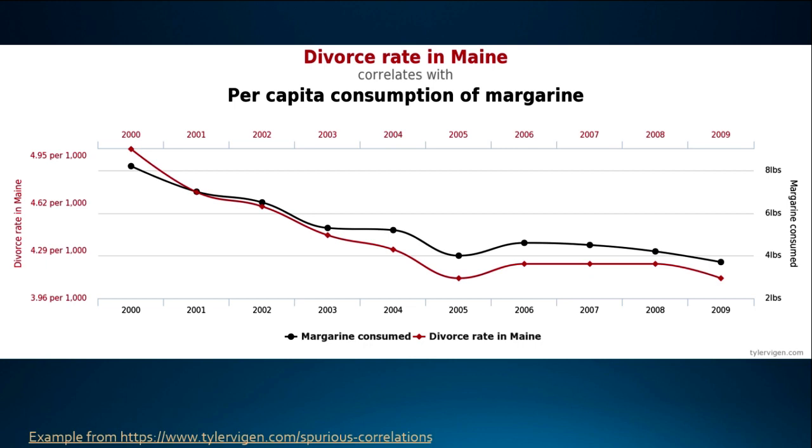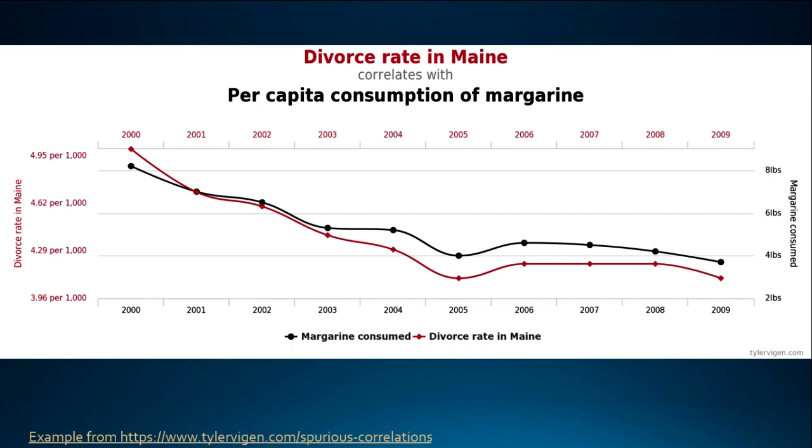We've got divorce rates in Maine and per capita consumption of margarine in Maine. Now, do we agree that these are correlated? They move in the same direction. In fact, they almost have the same patterns. They're both downward trends and they're almost identical.